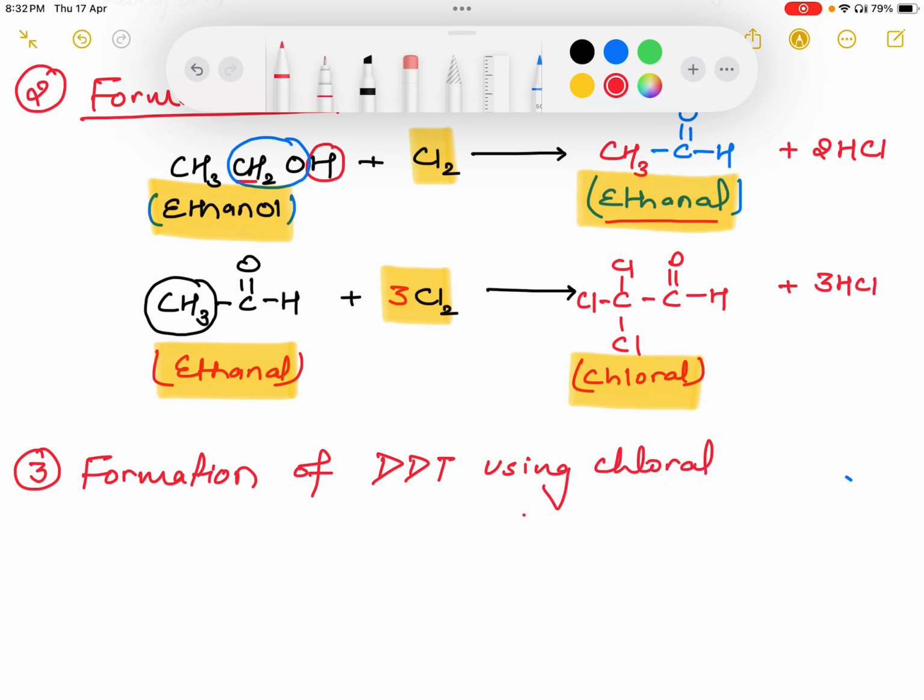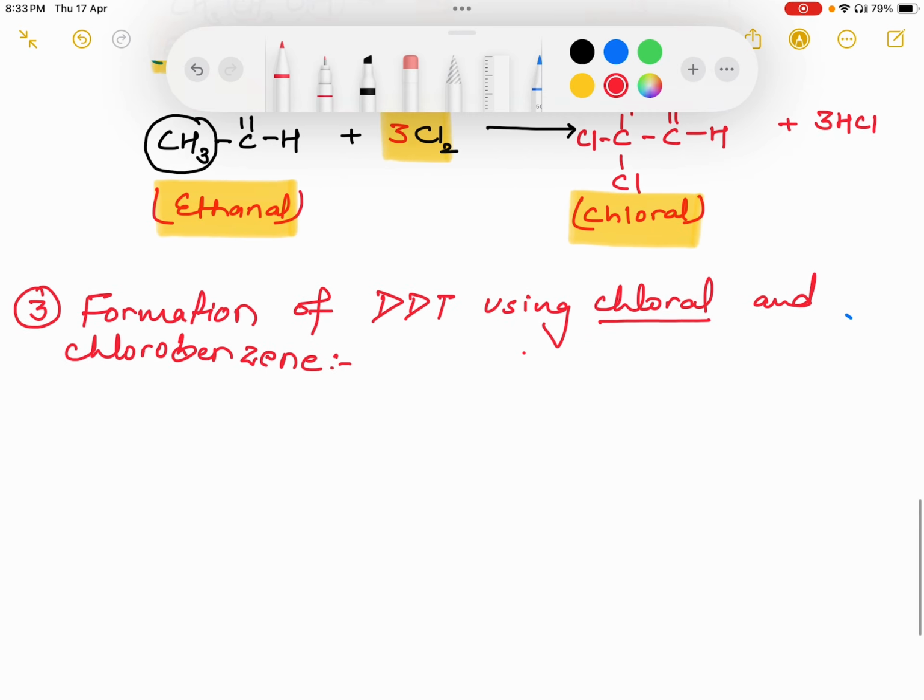So whatever chloral we made right now, the same chloral and chlorobenzene. So using these two, we need to prepare DDT. Basically, it's a manufacturing process of DDT in which chlorobenzene and chloral are used.